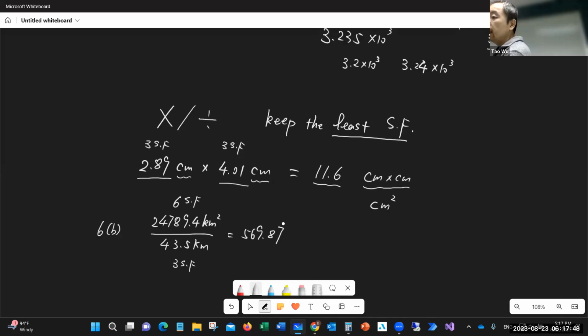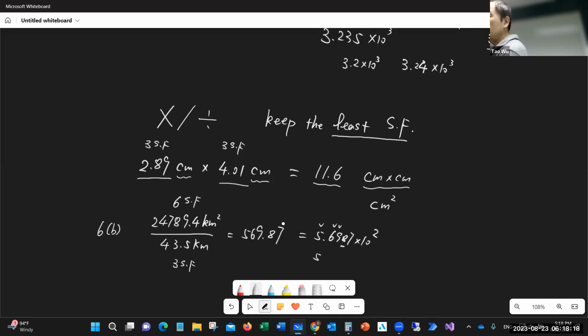If you want to write this more easily, you can write scientific notation. It's just 5.6987 times 10 to the second. Then you round this: 1, 2, 3. Looking at the next one, it's 8, so you round up. The 9 becomes 0, and the 6 becomes 7.